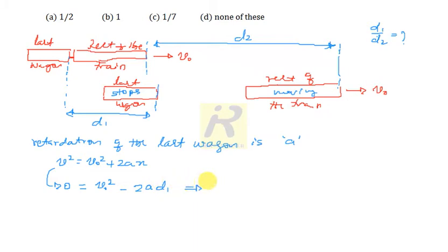So I got d1 equals v0 square divided by 2a. This is the stopping distance.